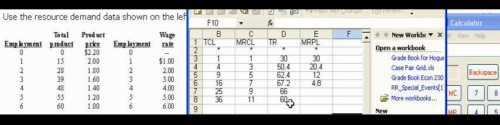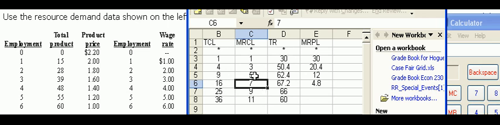So what we need to take a look at here is balancing our marginal resource cost against our marginal revenue product. Well, that first worker, 30 is greater than 1, we're going to hire him. The second worker, $20.40 is greater than 3, we'll hire him. That next worker, $12 is greater than the 5, we'll hire him. But the next worker, the marginal revenue product is $4.80, and that falls short of the marginal cost of hiring that worker of $7.